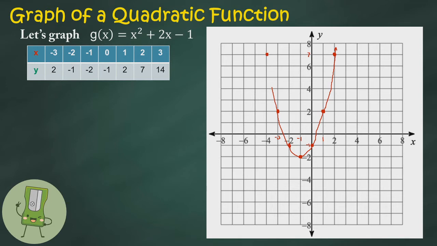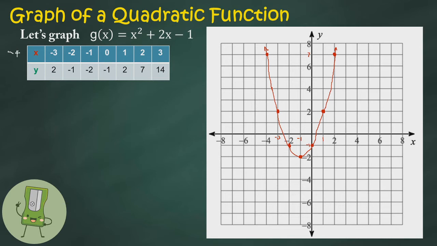Okay, and we will do the dots. So if you're wondering how did we get -4, 7, so I just added another value of x, which is -4, just to balance the parabola.